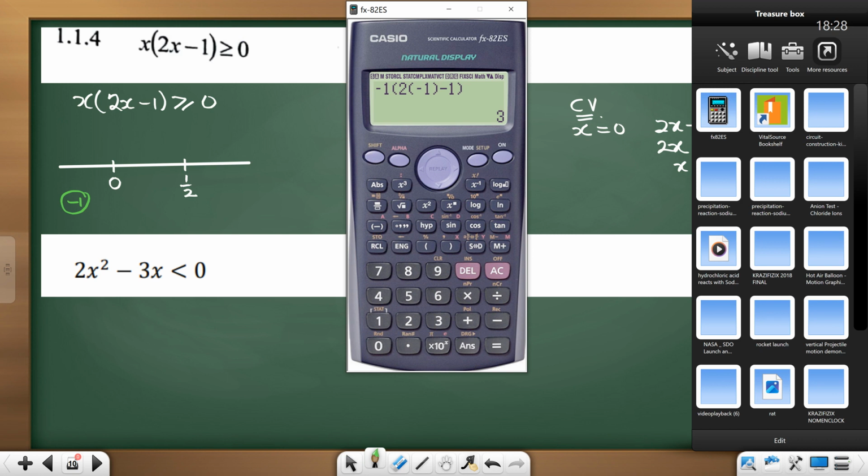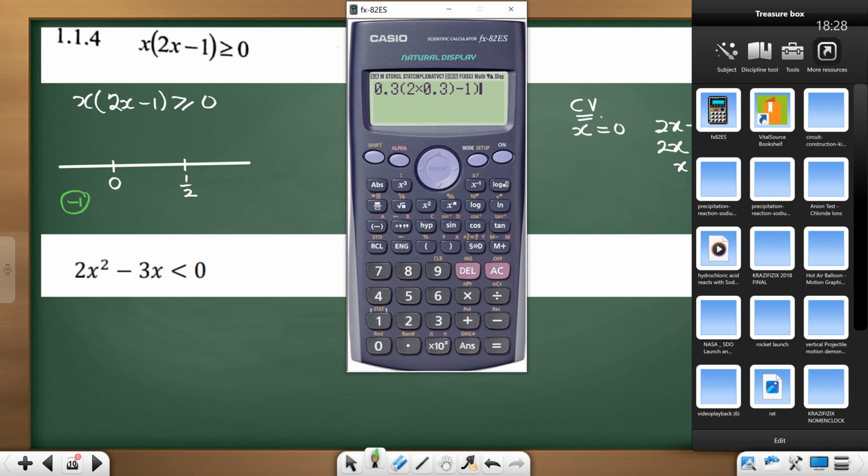Somebody says you're not sure. I'll help you. Between 0 and a half, a number that could be there is 1 over 3. 1 over 3 is smaller than half because that's 0,3; half is 0,5. Let's put 0,3 everywhere we see x. So we have 0,3 times (2 times 0,3 minus 1).